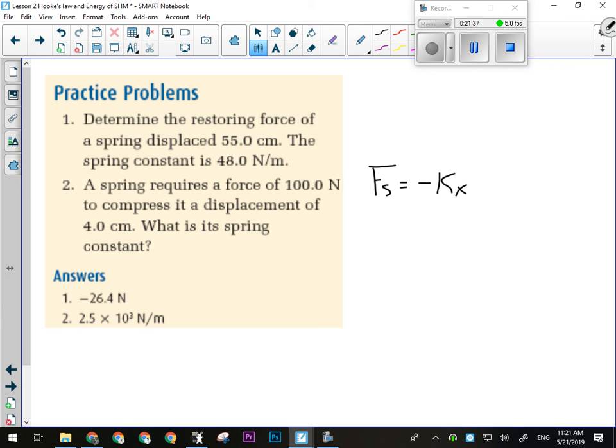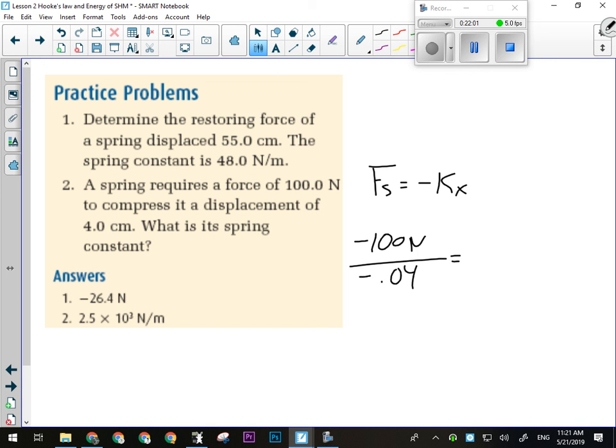What I'm going to do is bring the negative and the x over to this side. So what I'll have is negative 100 newtons divided by negative 0.04 meters, because it was in centimeters. And when I do that, I'm going to get my 2,500 newtons per meter, and it comes out with no sign, which is as it should. Okay, everybody all right with that?